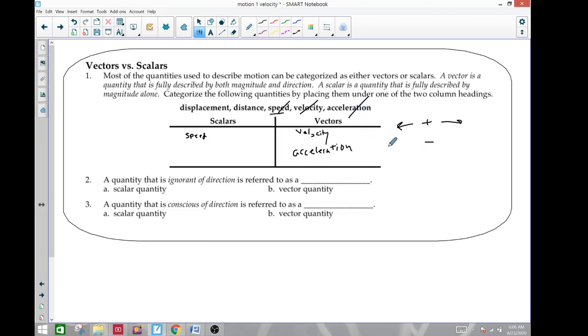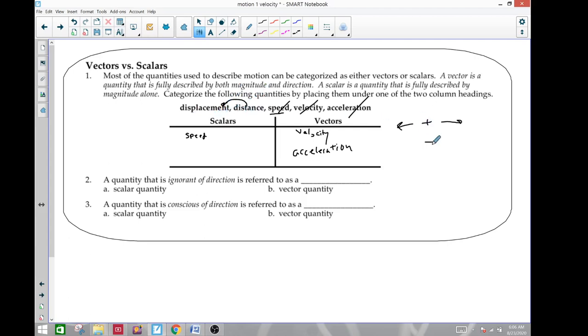So distance versus displacement. This is always one that kind of confuses me. They're related in the sense that the displacement is the net distance.